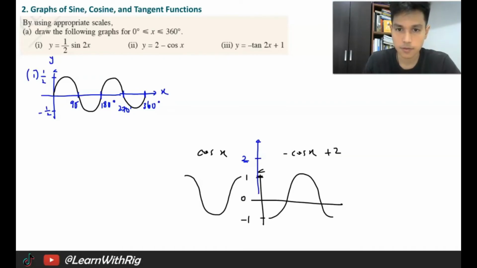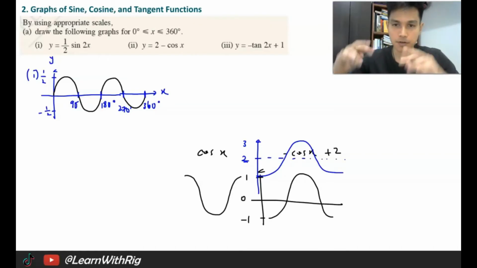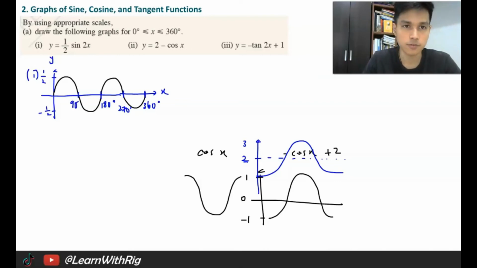Extend the graph, and then the 1 will be at 3. So your new graph will look like this. Sorry, I'm just sketching. I hope you all understand this. That means I'm shifting the graph. Originally it is here, this is the original one, and then I'm going to shift by 2 units. So this is how your new graph is going to look. So let me sketch this.